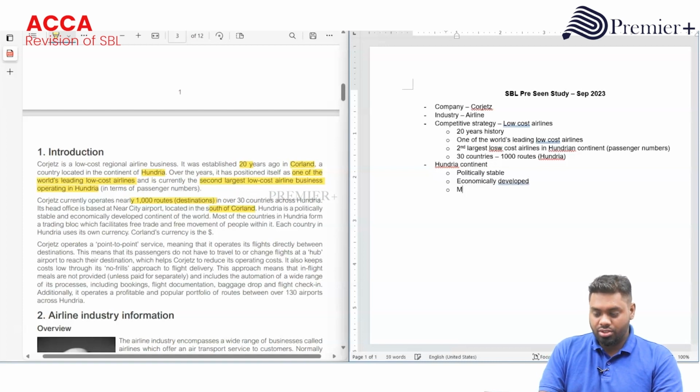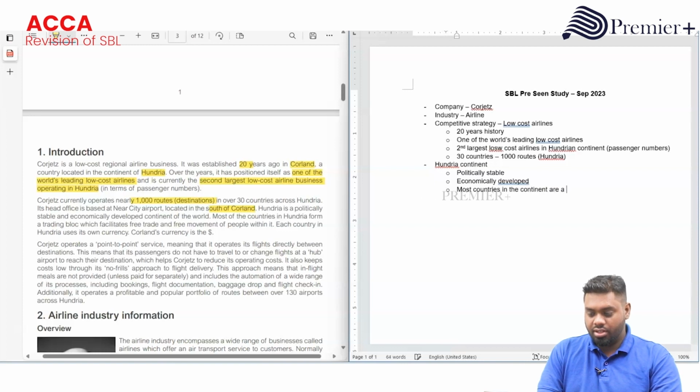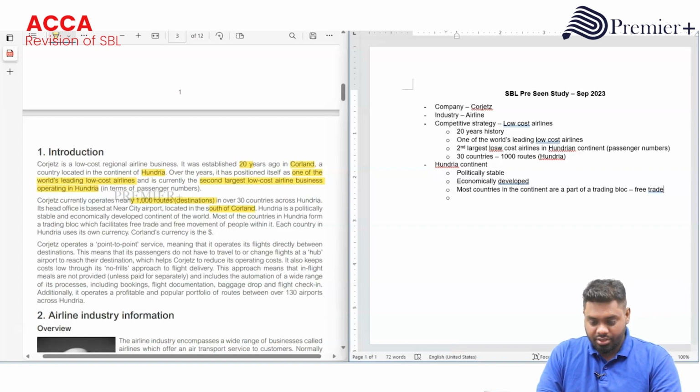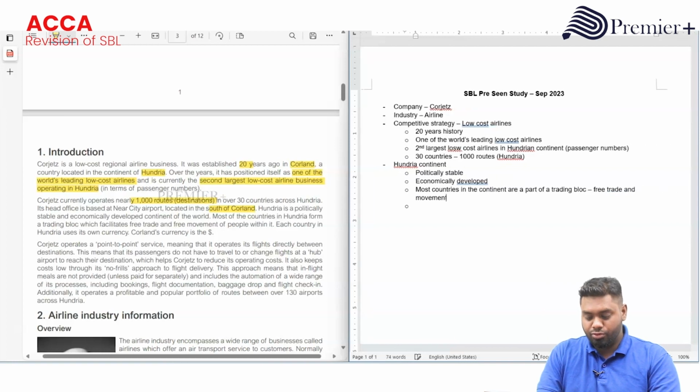So most countries in the continent are a part of a trading bloc. So they encourage free trade and free movement of people within it. Free trade and movement of people.